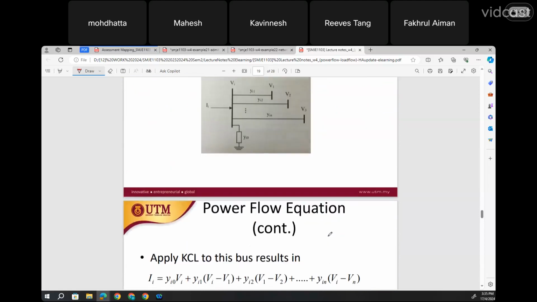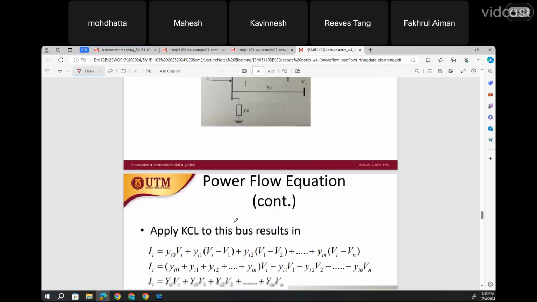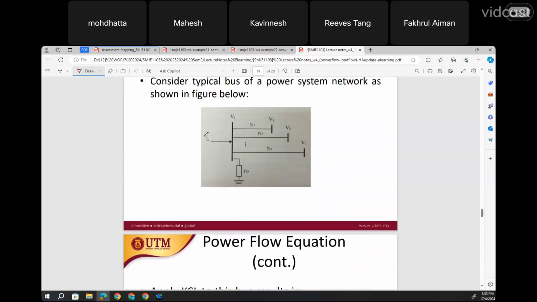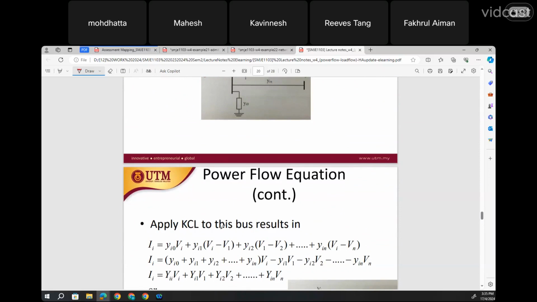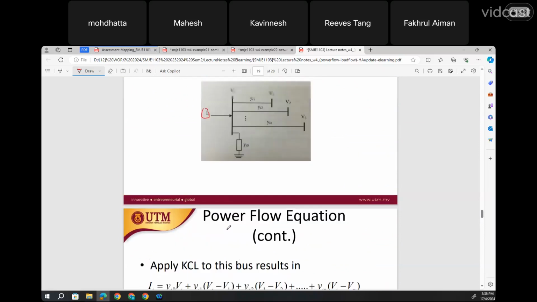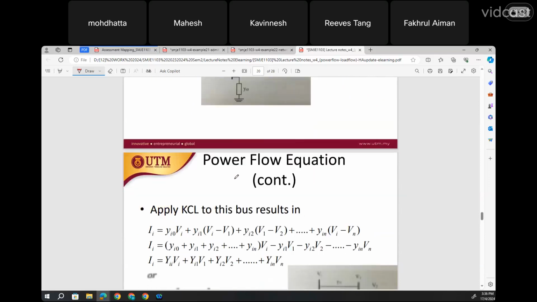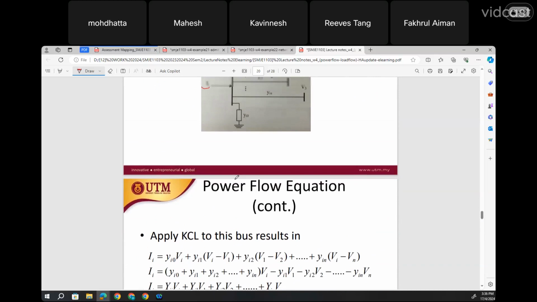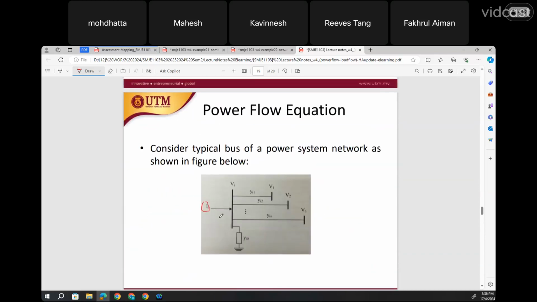All right. Referring to this bus network connection, we can find I1 by using the impedance equation, which involves the multiplication of voltage and impedance. I think we discussed this just now, so I'm not going to get into the details of how I1, or Ii over here, can be found.